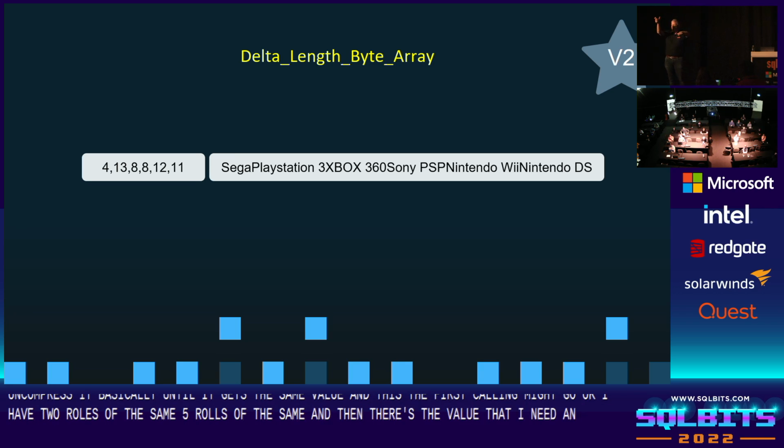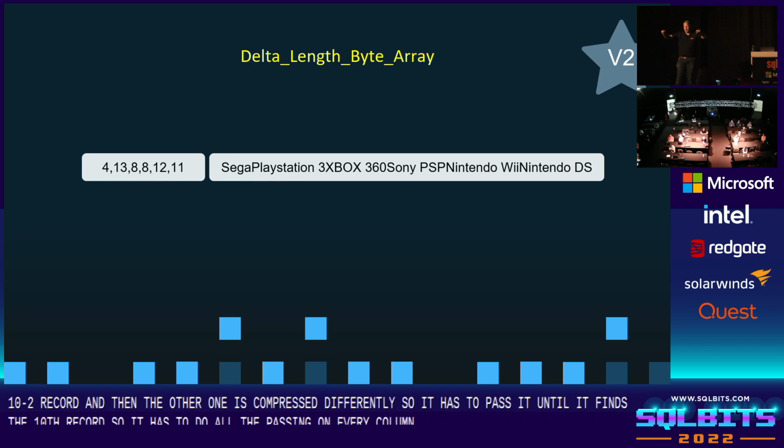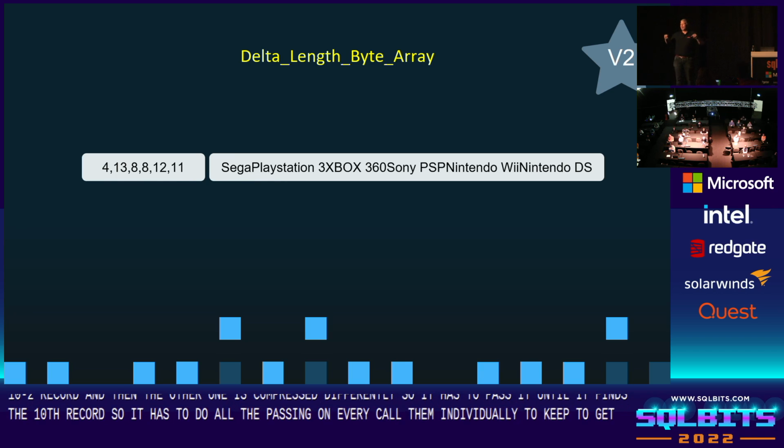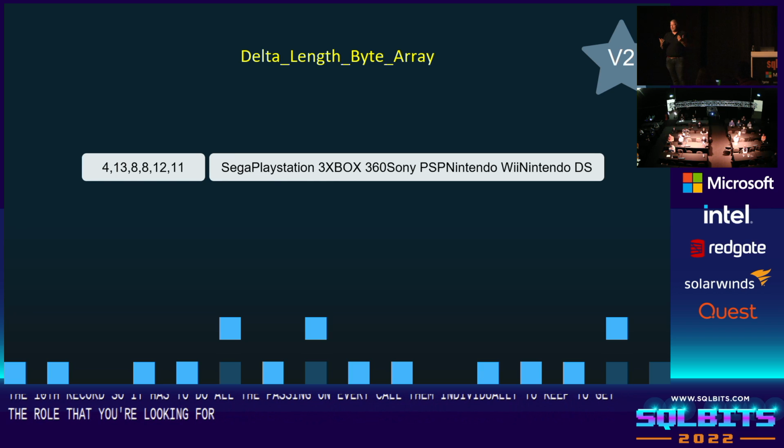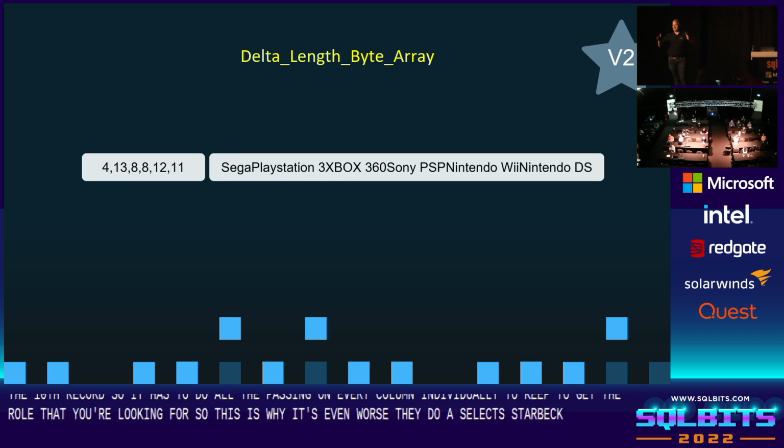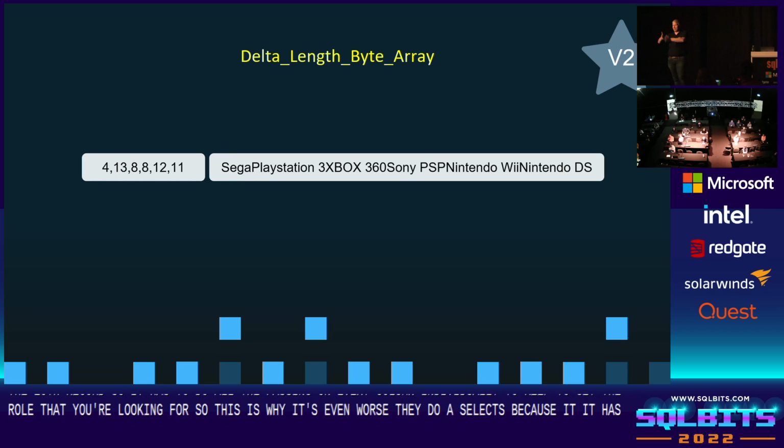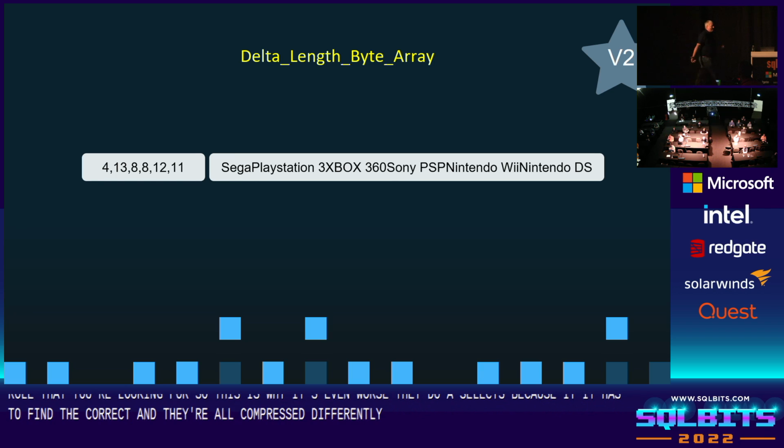And then the other one is compressed differently, so it has to parse it until it finds the 10th record. So it has to do all the parsing on every column individually to get the row that you're looking for. This is why it's even worse to do a select star, because it has to find the correct row, and they're all compressed differently, right? There might even be different compression algorithms.